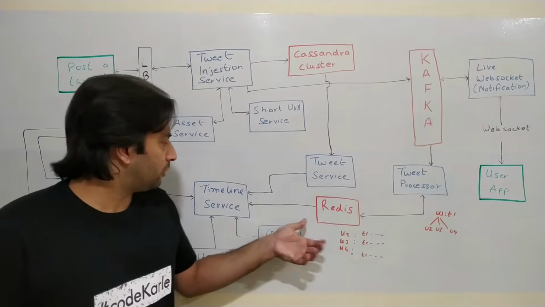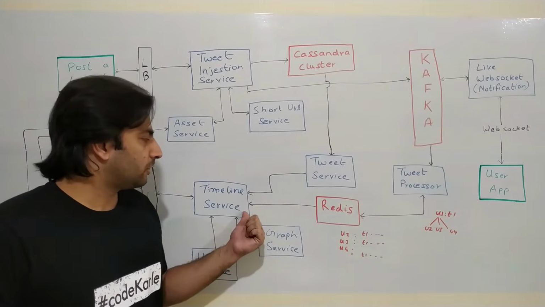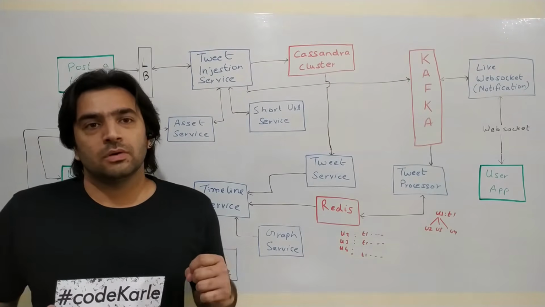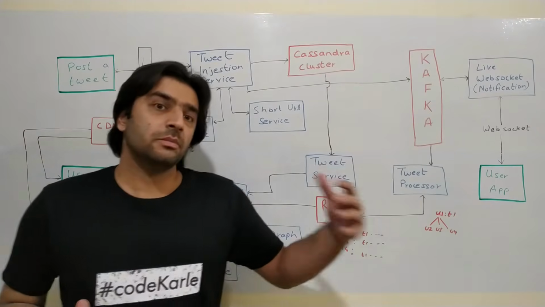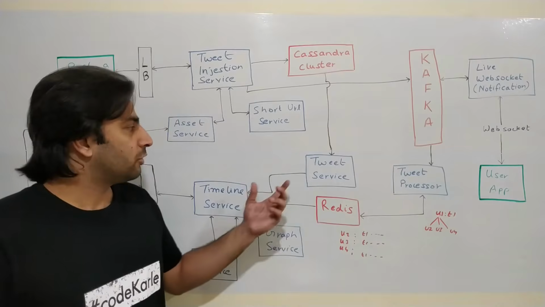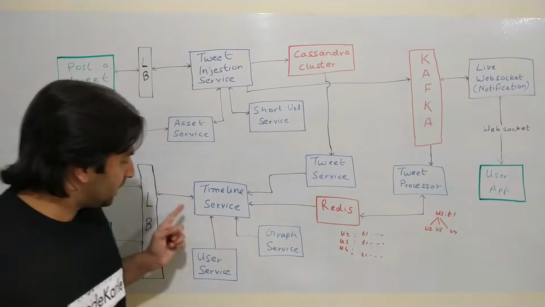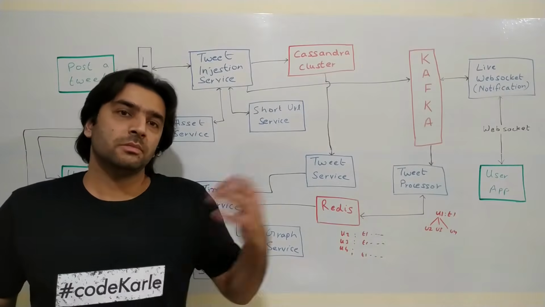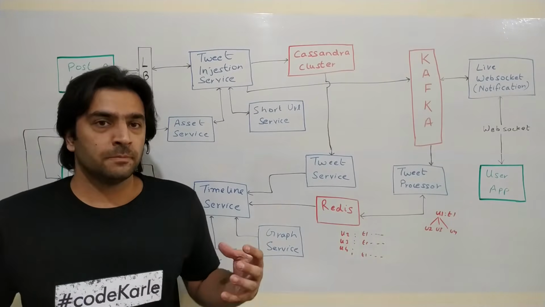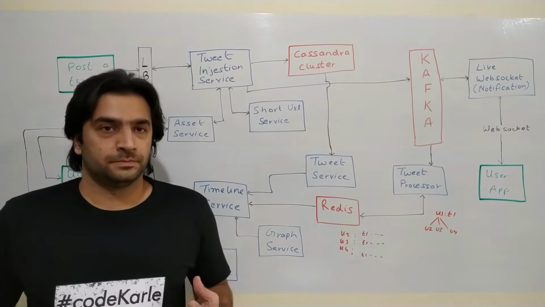So once it gets the data of all the users, it tries to figure out the tweets of famous users that should be shown to this user. It queries the graph service again to figure out which famous users this person was following, and gets their tweets as well.